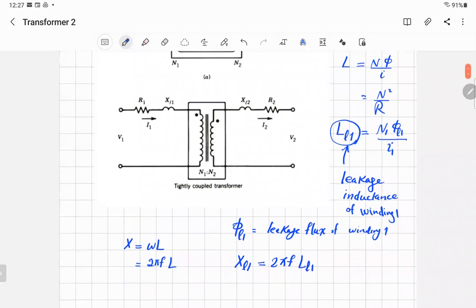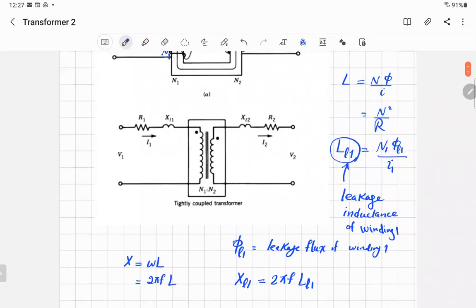So when you look at this circuit, we have two elements: the resistance and the reactance. The resistance represents the resistance of the winding, or the power loss, you can say. It will cause power loss in the winding due to the current flowing in it.